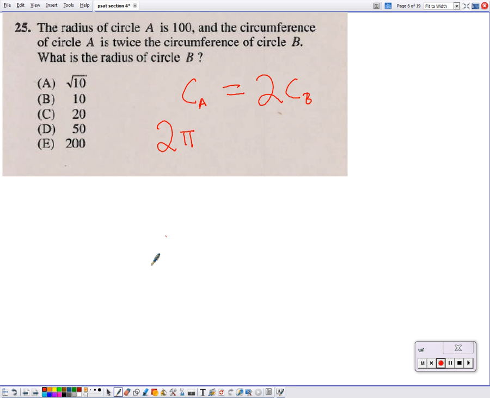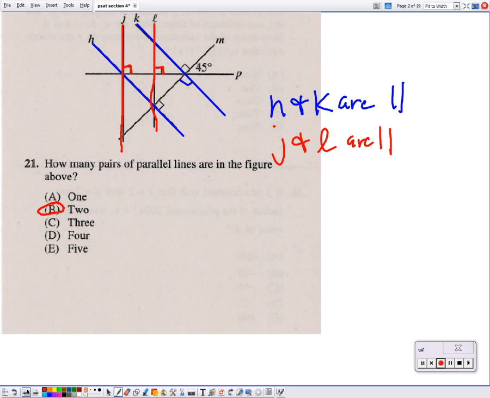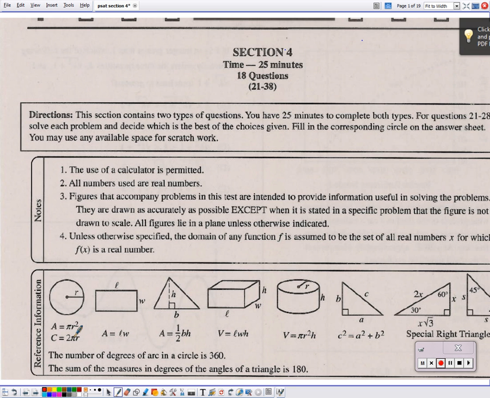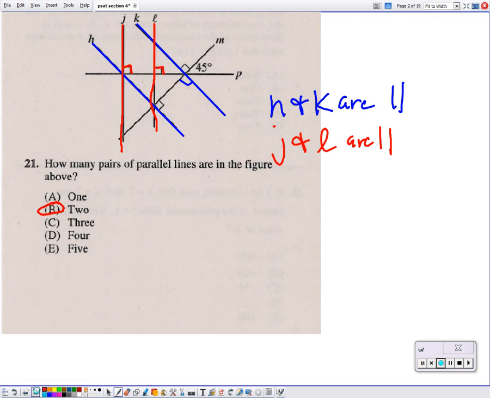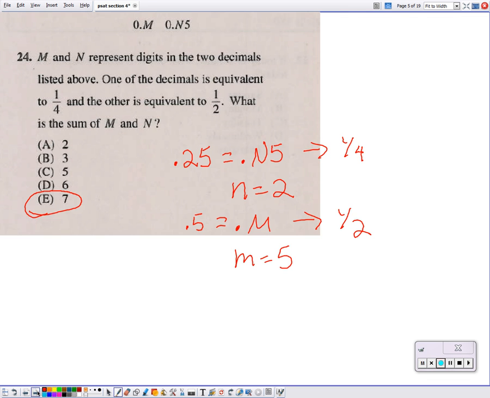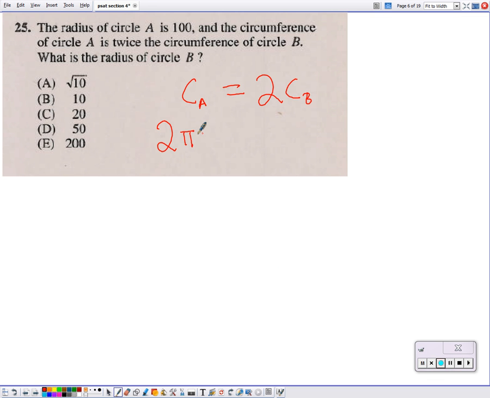Remember, that formula is right there, 2 pi r for circumference. So 2 pi and the radius is 100. And now for circle B, we have 2 pi and we don't know the radius.